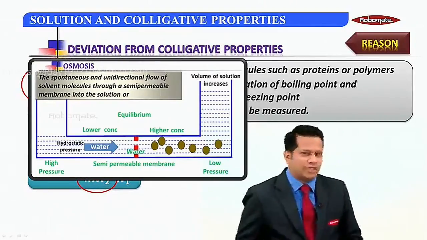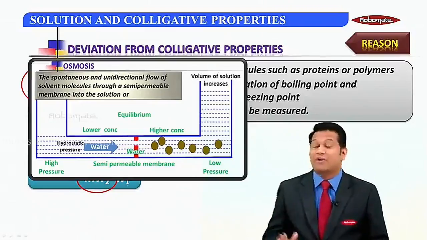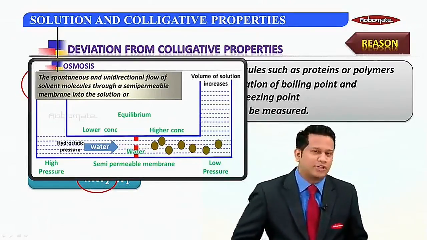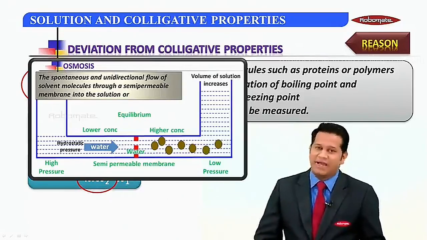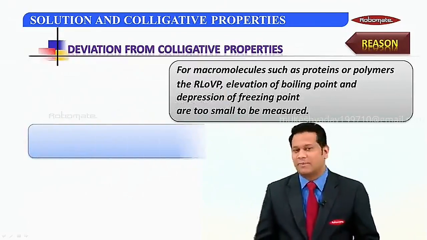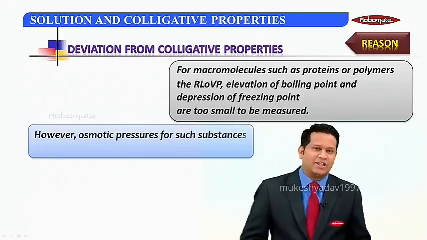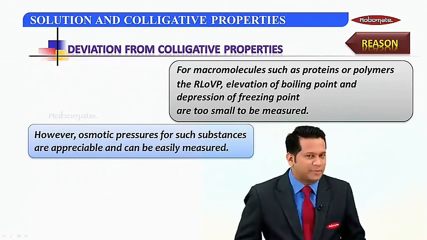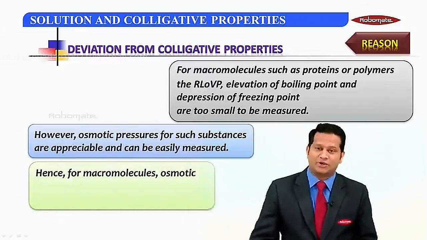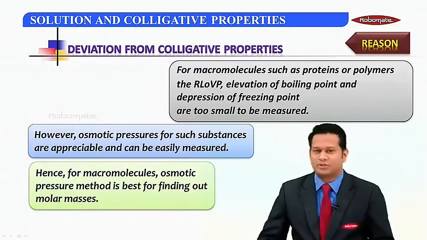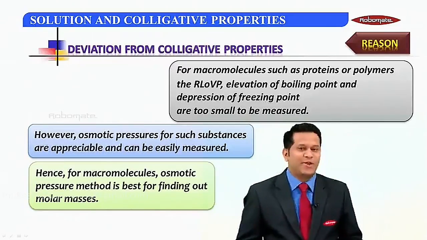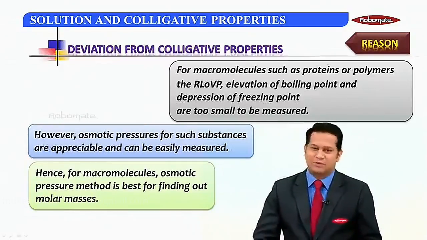For osmotic pressure I always require macromolecules, and then the osmotic pressure value from which I calculate the molar mass is always appreciable. Hence the osmotic pressure for macromolecules can be easily measured, and the osmotic pressure method is the best method for finding the molar mass of the solute.